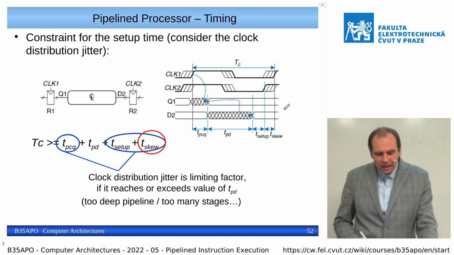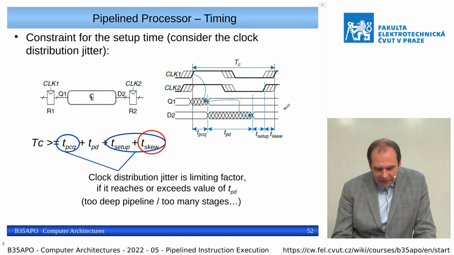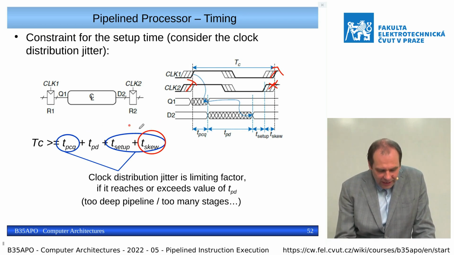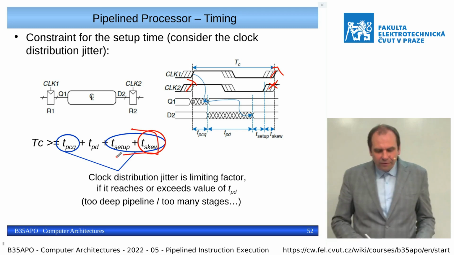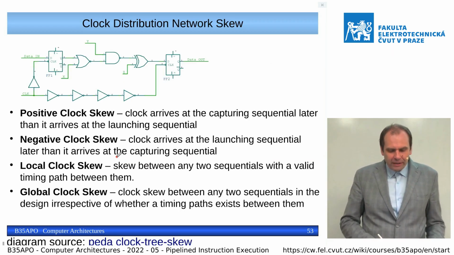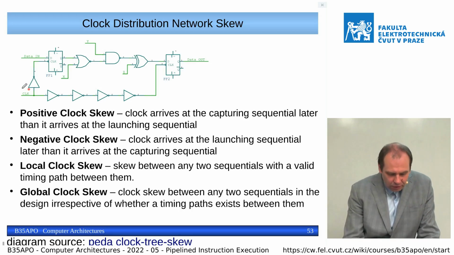And there is another problem. There can be some skew, so clocks are not delivered to all interstage registers and so on at the same time. So you need again to add a reserve for the clock skew. And clock skew can be a big problem because, for example, there is a clock signal.